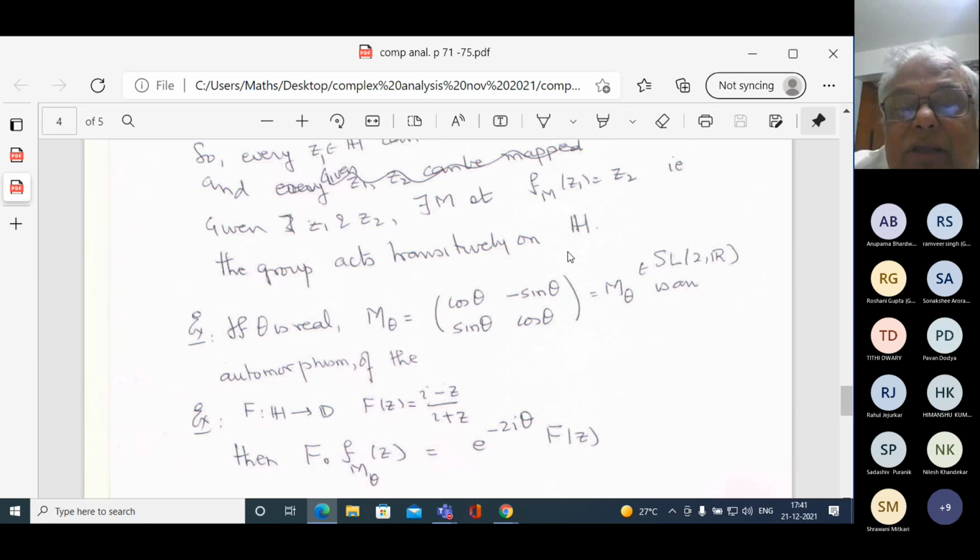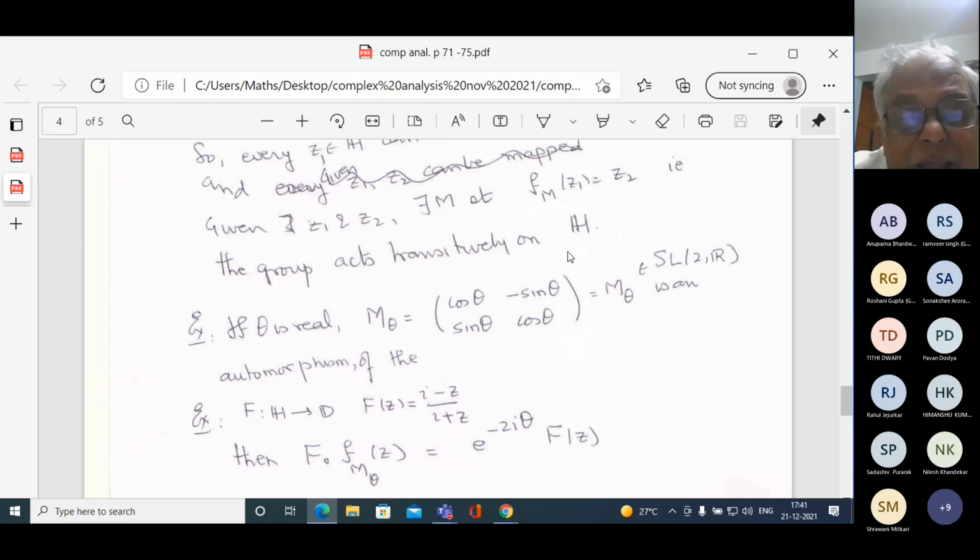If theta is real, look at this particular element in SL2R, with entries a, b, c, d. It has determinant 1, and this is in SL2R. This is an automorphism of the upper half plane.